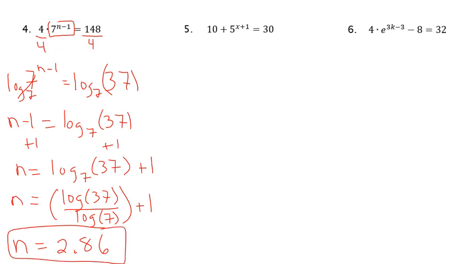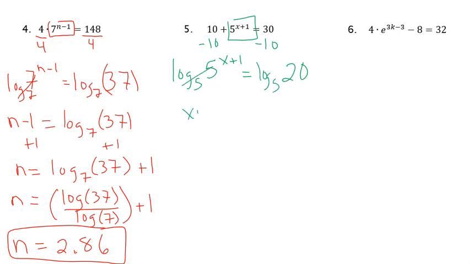For question number 5, same thing. I'm going to go ahead and isolate my base. So I'm going to subtract 10. And then again, we're doing base 5. So we're going to do a log of each side, so log base 5 of each side. We have x plus 1, so we're going to subtract 1 from each side.